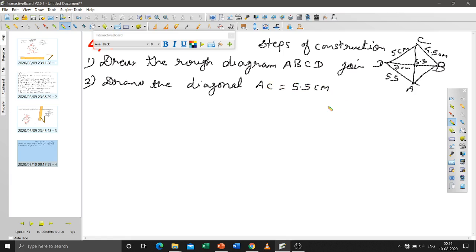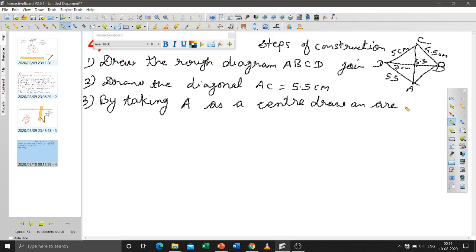Now by taking A as a center, draw an arc of 5.5 centimeter.